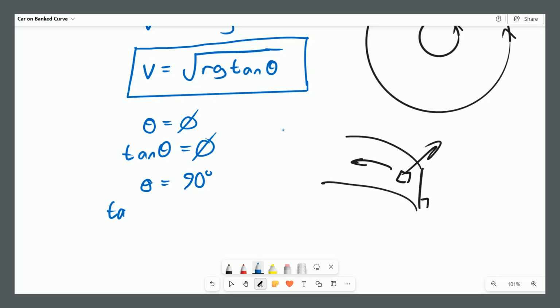Well, the tangent of 90 degrees is undefined, so your maximum velocity is technically infinite. You could go as fast as you want along that vertical curved surface, provided that you're not falling down. So that makes sense there.